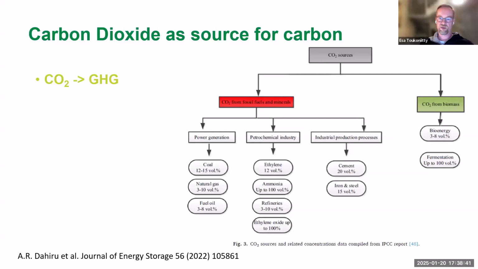In certain parts it's cheaper and in certain parts expensive, but it could be extracted, taken into use, utilized in the power to X applications as a raw material. Then several other industrial processes emit or produce carbon dioxide, like steel making, iron and steel processing, cement industry, just a few examples here.